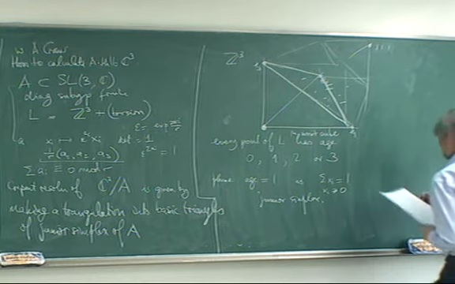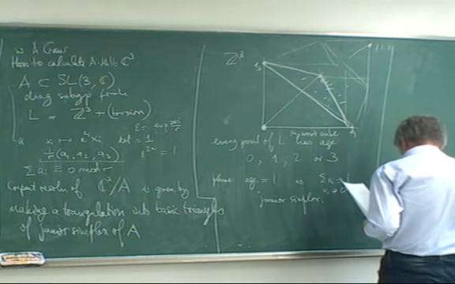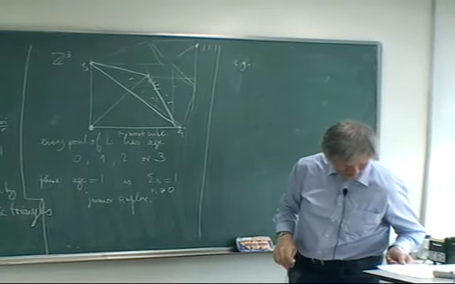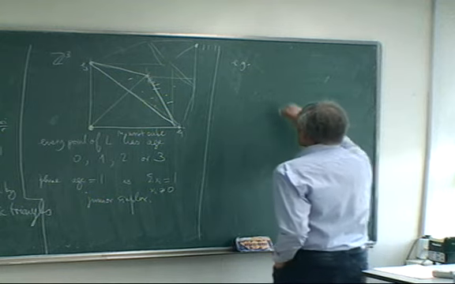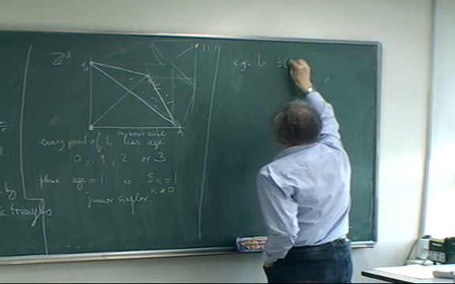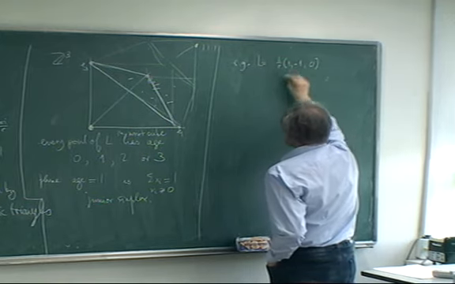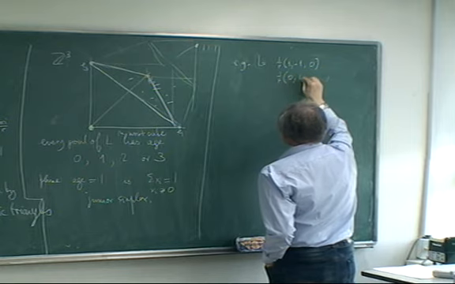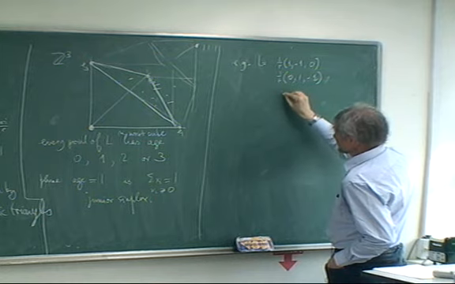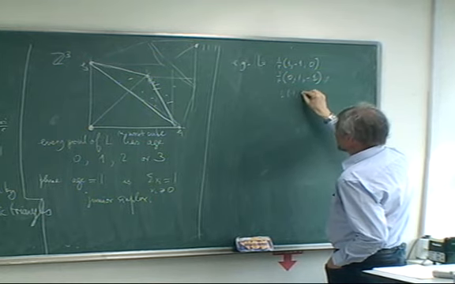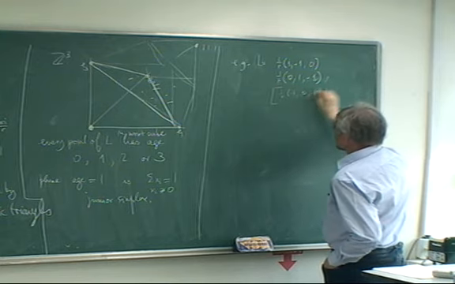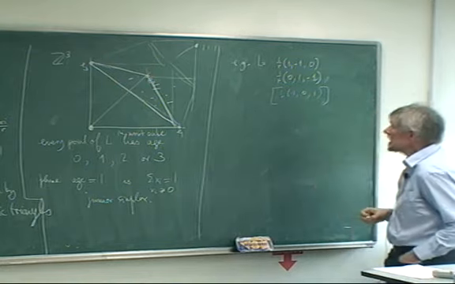For example, and this example is relevant to everything I say, L could be 1 over r of 1, minus 1, 0, 1 over r of 0, 1, minus 1, and also 1 over r of minus 1, 0, 1. The sum of these three equals 0.